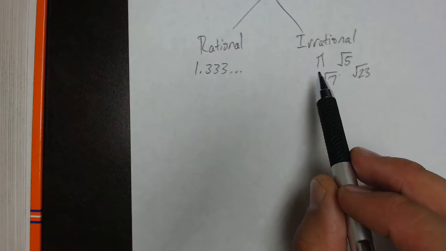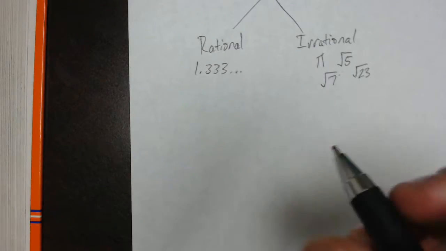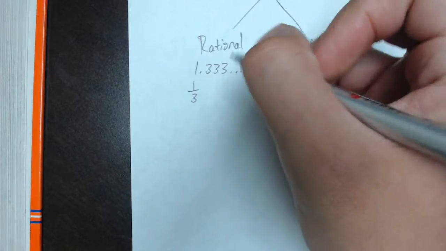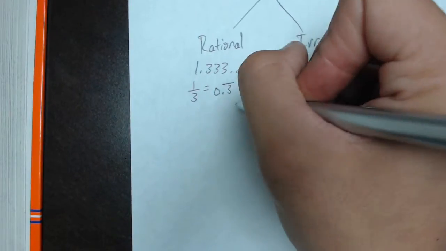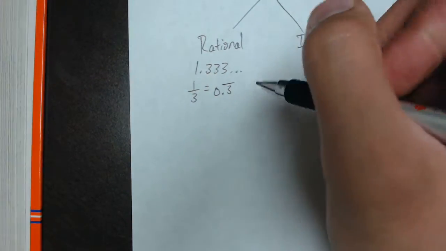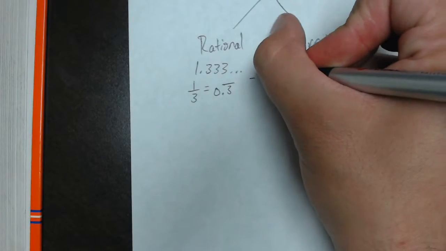That's different from pi because pi, the numbers do not repeat. Here, the numbers do. So that would be like 1/3, right? 1/3 is equal to 0.3 with a line over it. Repeating decimals are rational, and then anything that can be written as a fraction is rational. So, like -4/5.